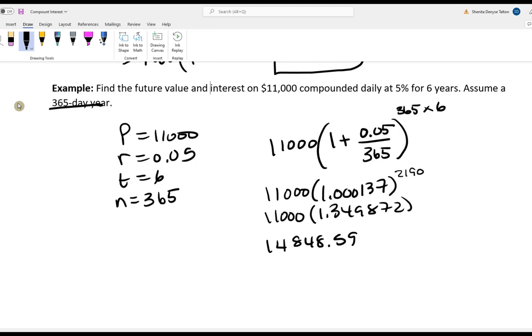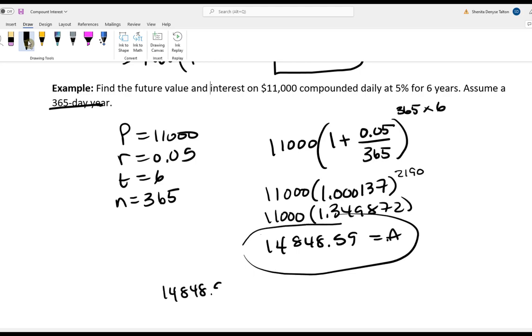All right, so now this is my future value, so this is my A. Sorry about that, that was crazy. All right, so now, to figure out the interest, I'm going to subtract off the 11,000.